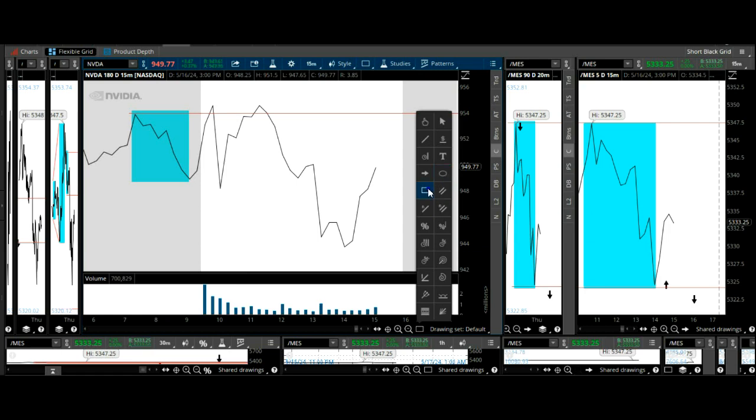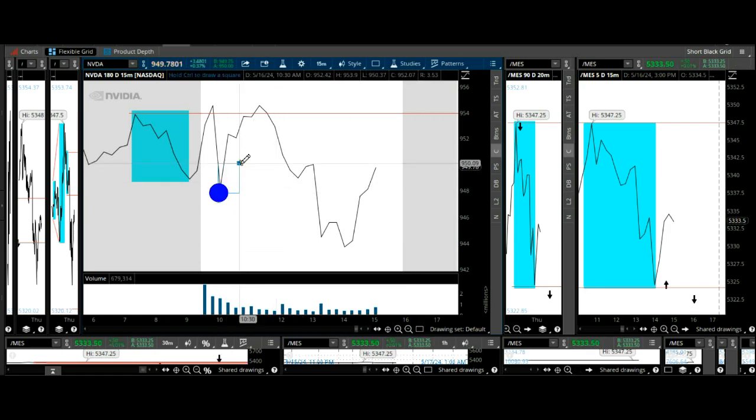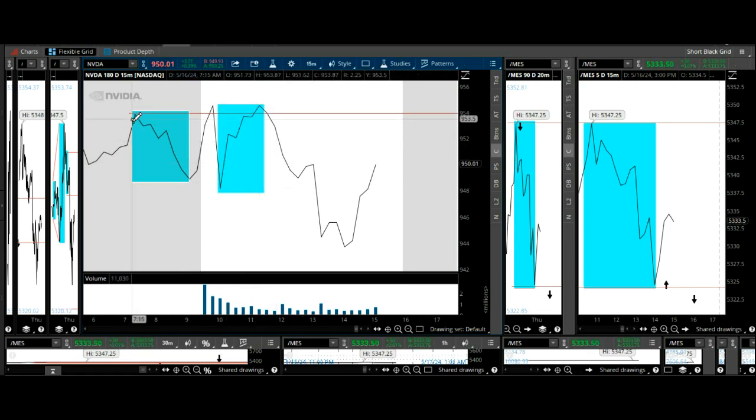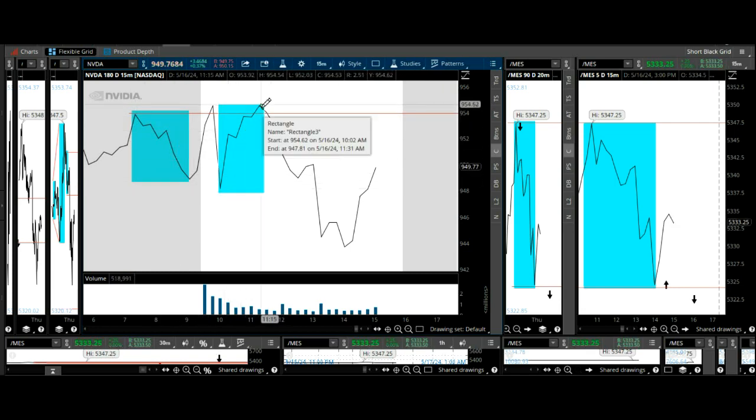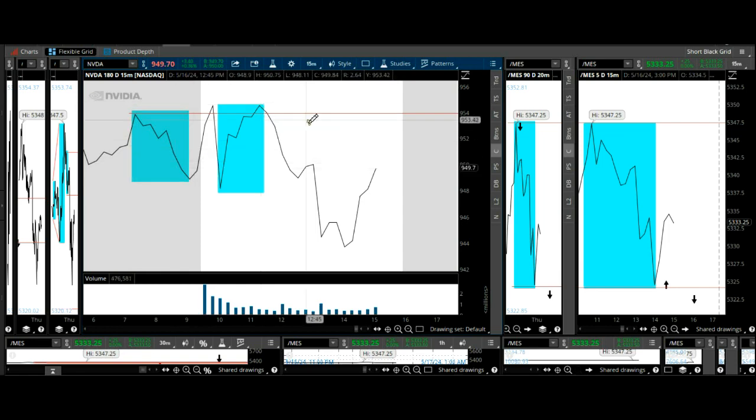Fractal number two, right here. We have a growth fractal here, then a decaying fractal here. Now, the fractals indicate the turning points, and all we're doing is mapping the market during the day. We have a bottom here, we have a top here.